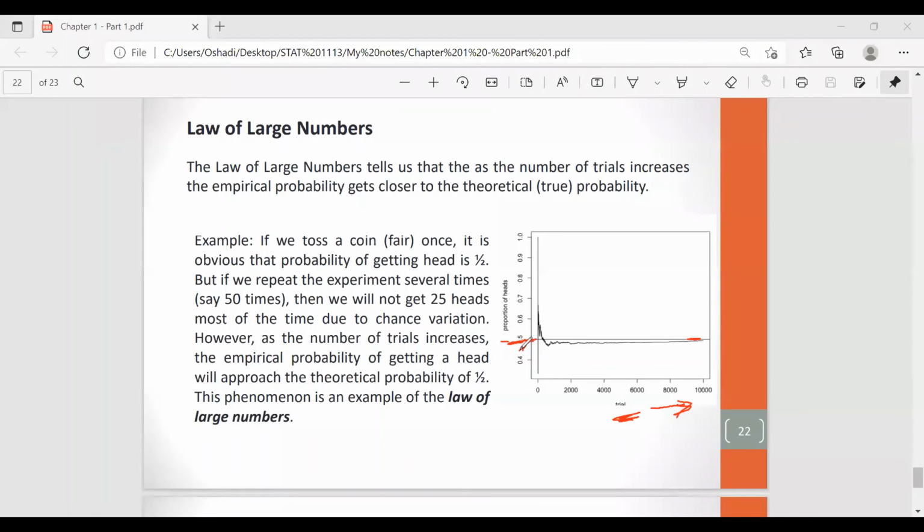This phenomenon is called the law of large numbers. When we increase the number of trials, the empirical probability gets closer to the theoretical or classical probability.